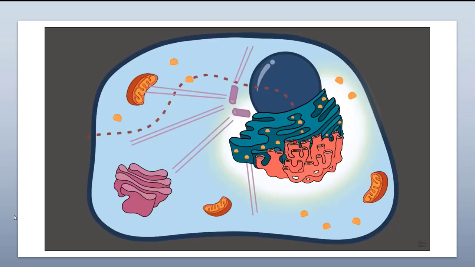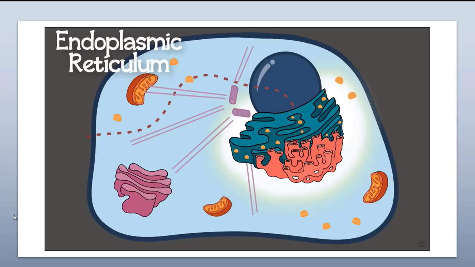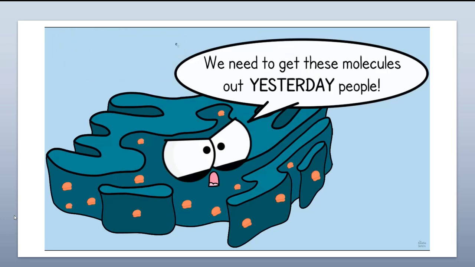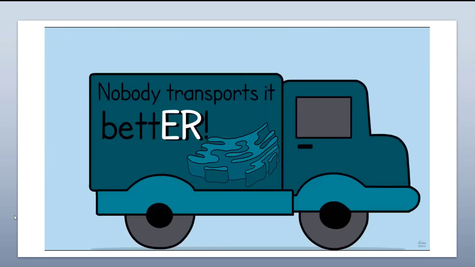produced. Attached to the membrane of the nucleus, or nuclear membrane, you will find the endoplasmic reticulum, ER for short. It does a lot of processing of molecules for the cell, like protein folding, and it's highly involved in actually transporting those molecules around, like a highway.